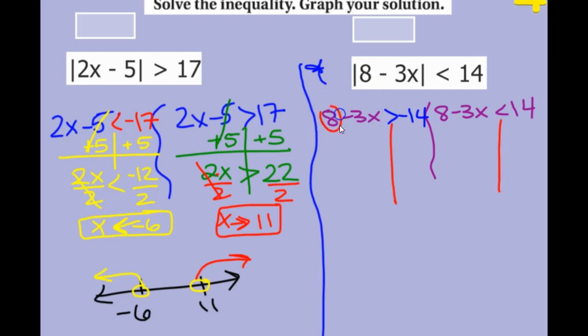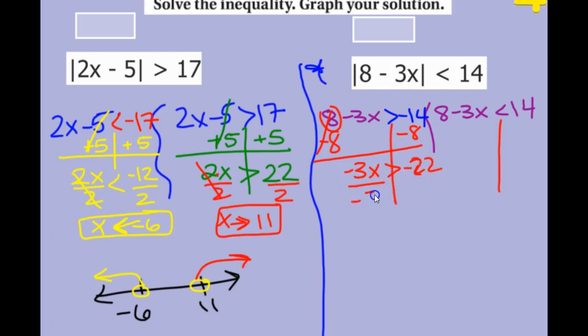First, get rid of just your number, so subtract 8. We have negative 3x greater than, these are all negatives, so 14 and 8 more should give us negative 22. Messed up there, not 24, 22.